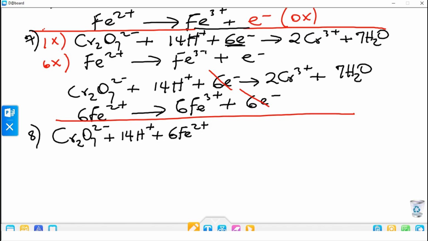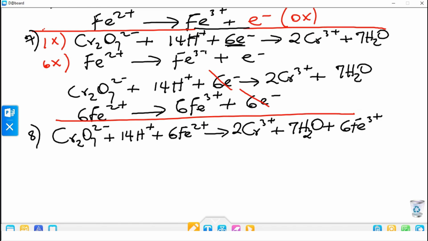Don't forget we are adding the reactants first, that is the reactants for the reduction half cell and the oxidation half cell. We will add all the reactants first, followed by the products. So we have 2Cr3 plus, 7 molecules of water, then plus 6Fe3 plus. This is what we have. So with this, we have successfully balanced the equation in an acidic medium.